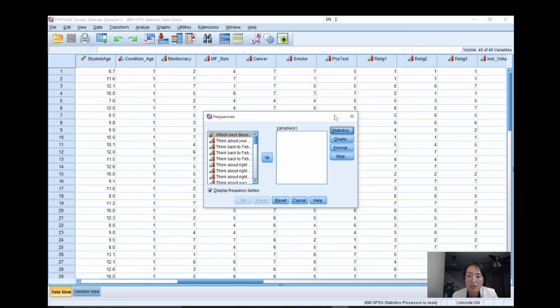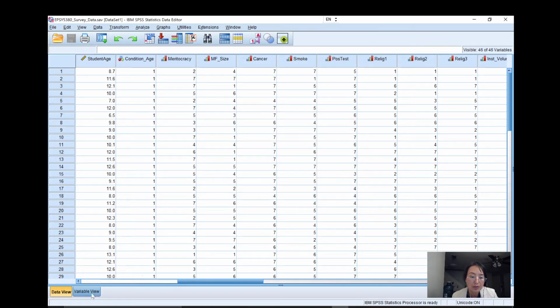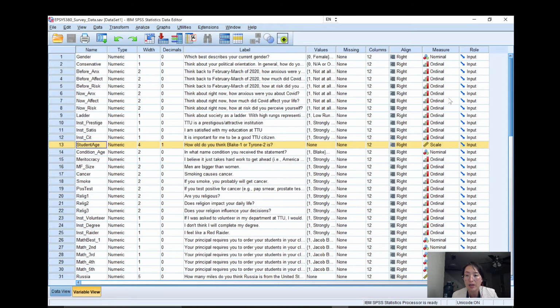For ratio or interval, I'm going to just close out here. I'll let you know in SPSS, it's labeled a little bit differently for all these data. Ratio or interval, sometimes we label them as scale.